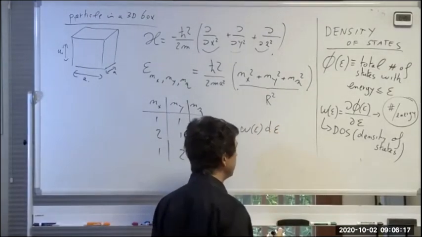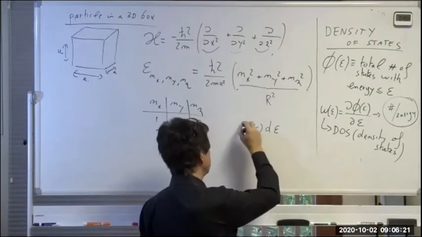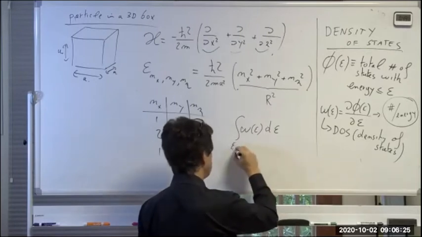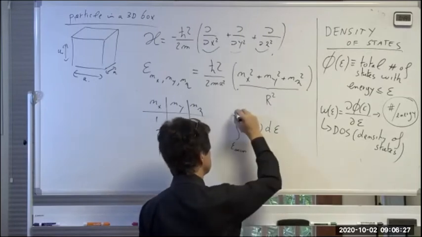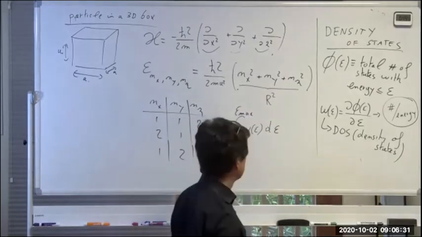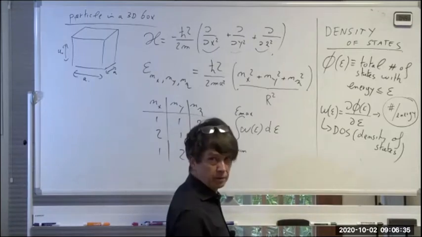That would be the number of states in this infinitesimal energy range. And if you wanted them in a macroscopic energy range, like say from E min to E max, you would have to integrate this, right? That would be the number of states with energy between E min and E max.